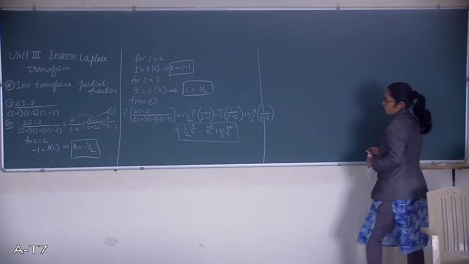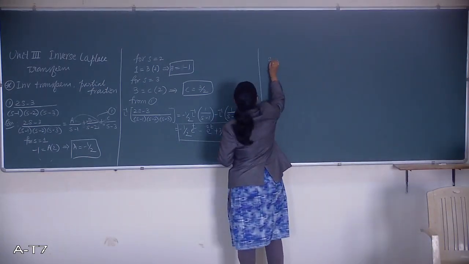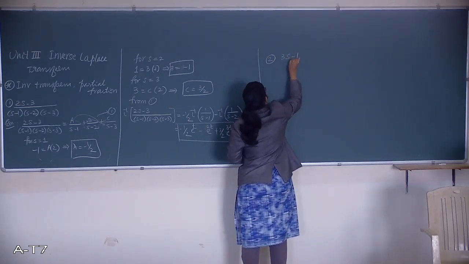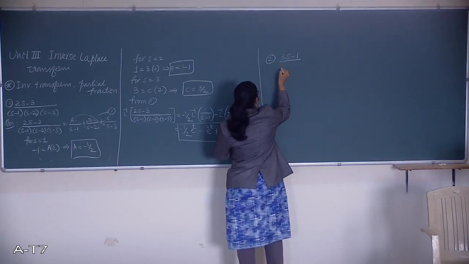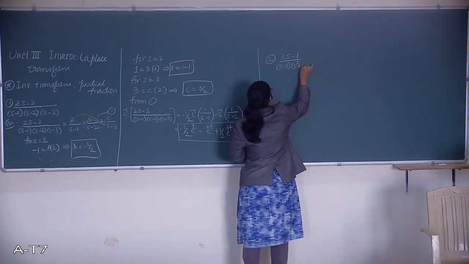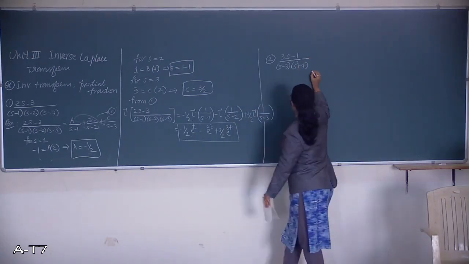Now the second example, where I will discuss only the partial fraction part. (3s minus 1) upon (s minus 3)(s square plus 4). We discussed this just now.